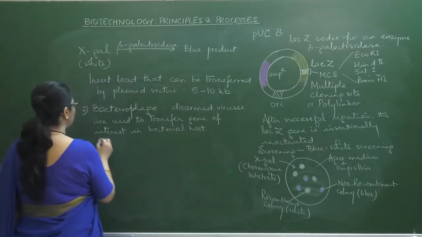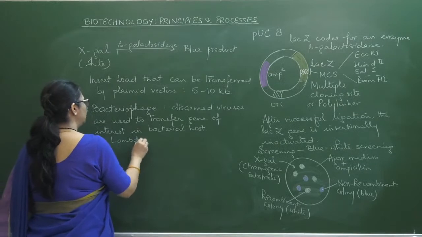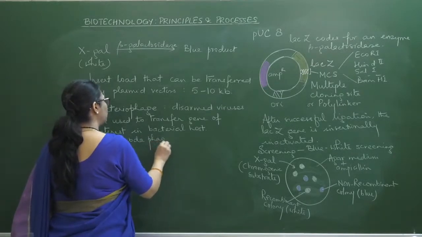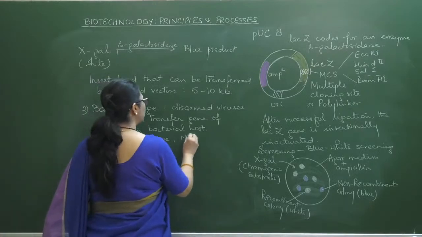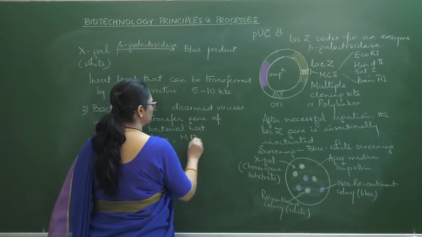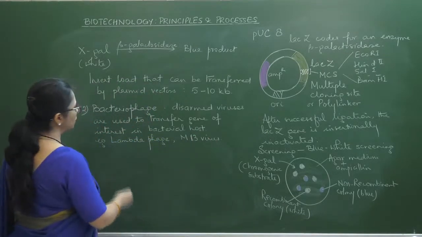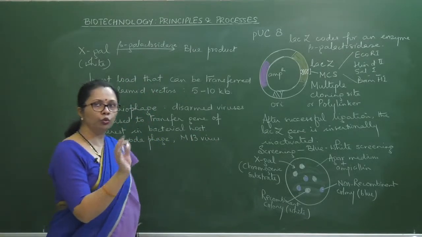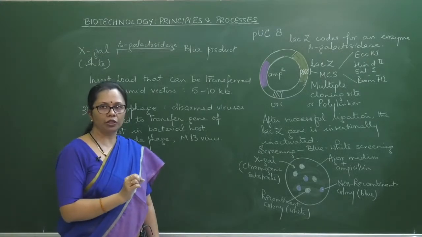The usual bacteriophages which are used are lambda phage virus, and M13 virus, which is also a bacteriophage. NCERT gives only these two vectors, but here is a short list of the others as well.